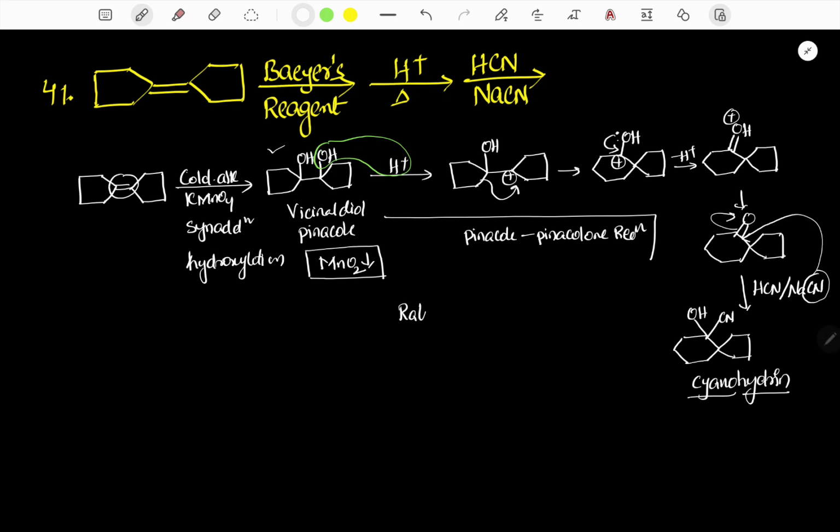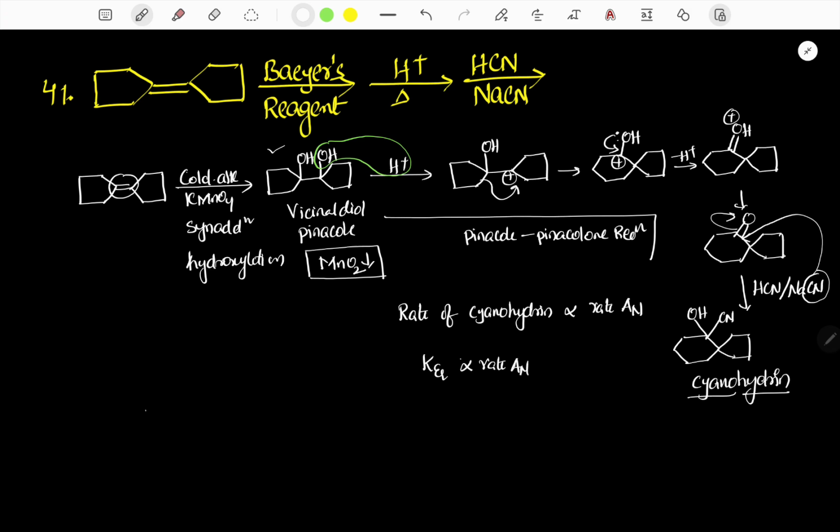And the rate of cyanohydrin formation is directly proportional to the rate of nucleophilic addition, and the K equilibrium of cyanohydrin is directly proportional to the rate of nucleophilic addition.